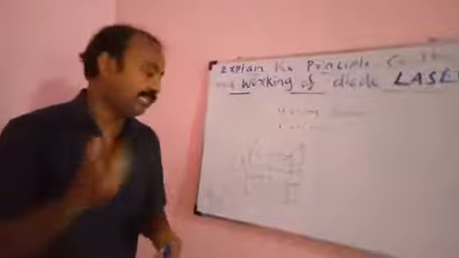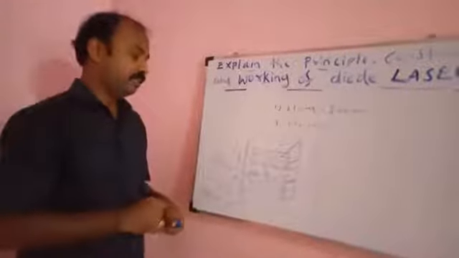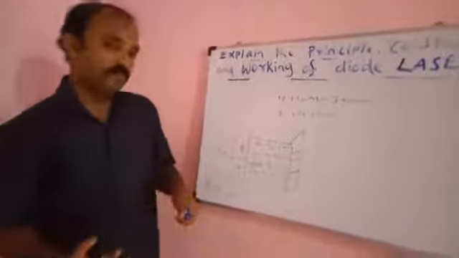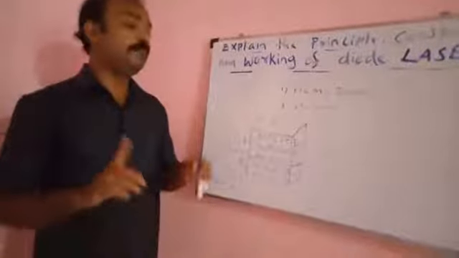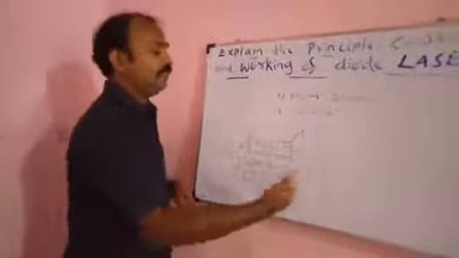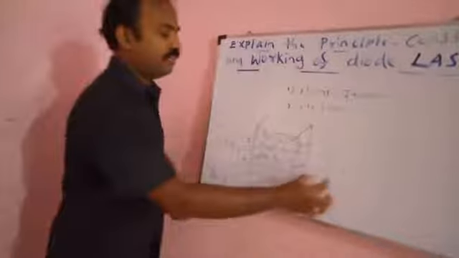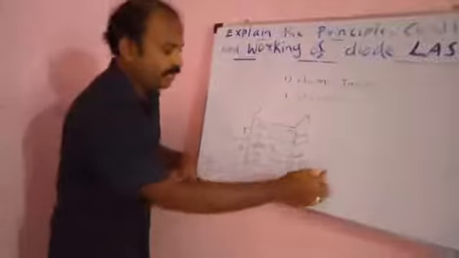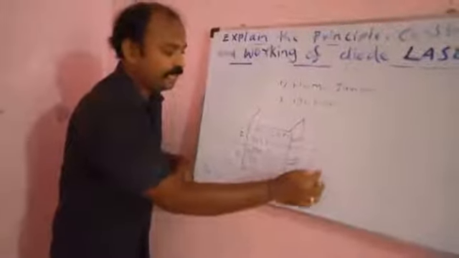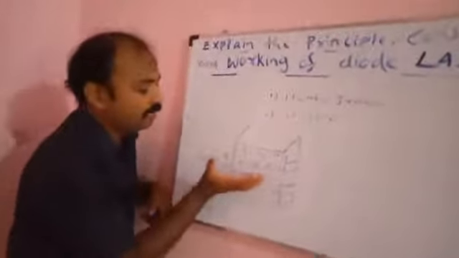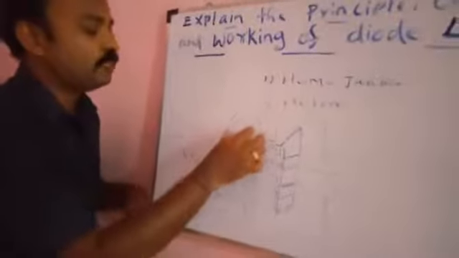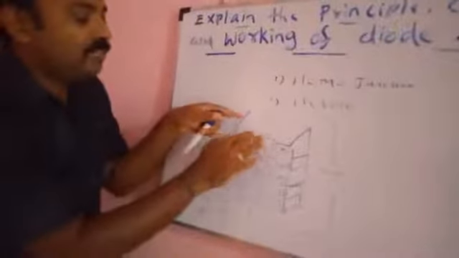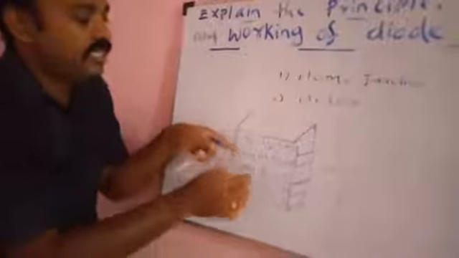The layer number 3, gallium arsenide. Because of the forward biasing, the negative terminal repels the electron and the positive terminal repels the positive charge hole, so they cross the junction and enter the active region, that is the third region.